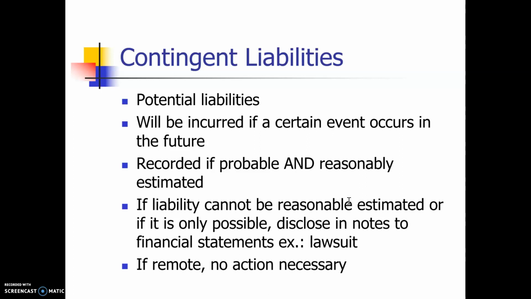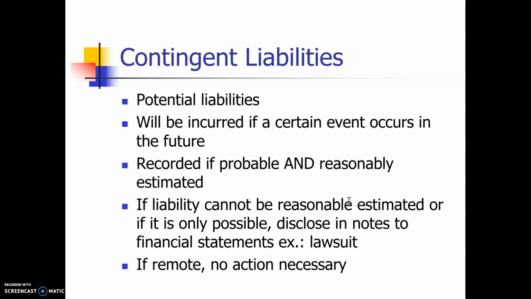And so the way it works with contingent liabilities is we record the contingent liability if it's probably going to happen and we can reasonably estimate it. Both of those things need to be there. If we can't reasonably estimate it, or if it's only possible that we could have the liability, then we just disclose it in the notes to the financial statements.